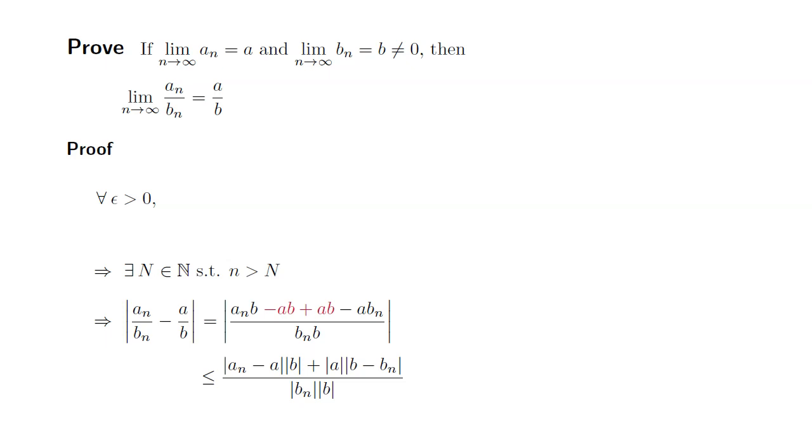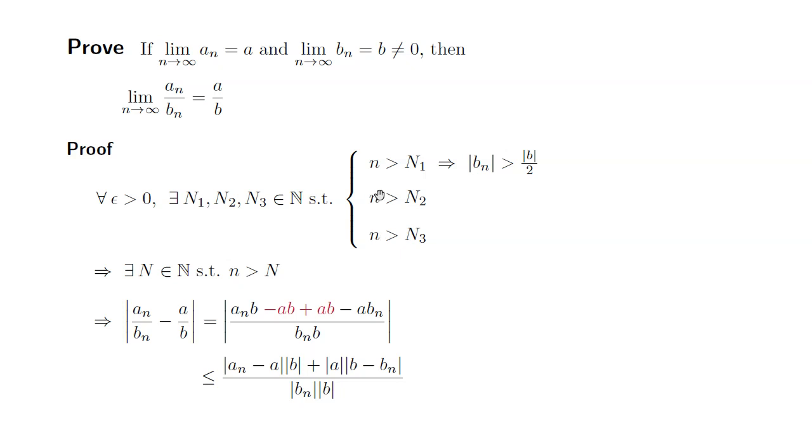So I'm going to focus on controlling this denominator here, the absolute value of b_n, first. Since the sequence b_n converges to B, we know that there exists a natural number, capital N1, so that as long as n is greater than capital N1, we can make sure that the absolute value of b_n is greater than the absolute value of B over 2.